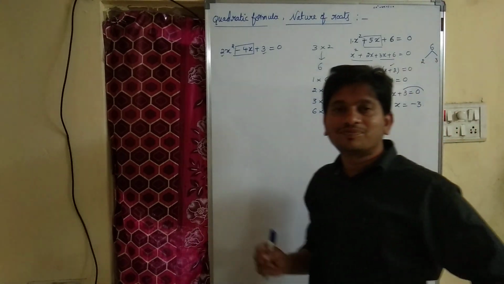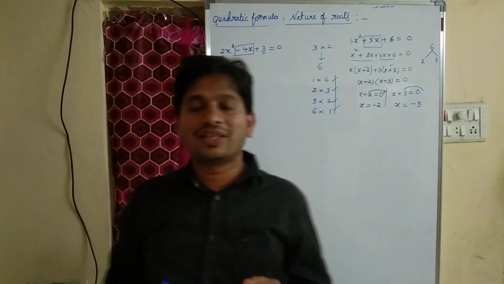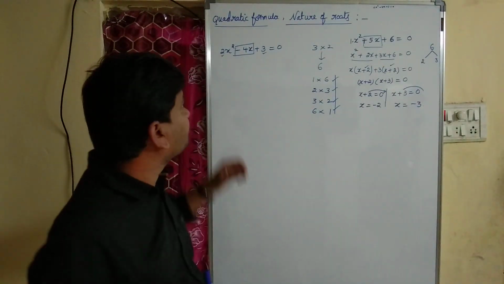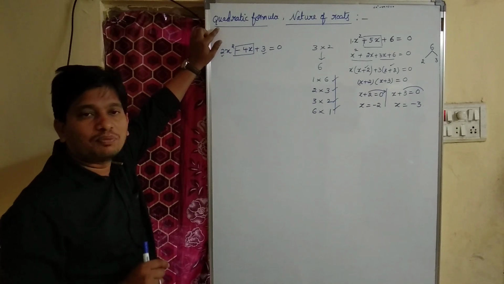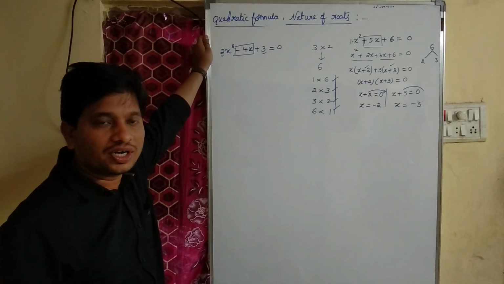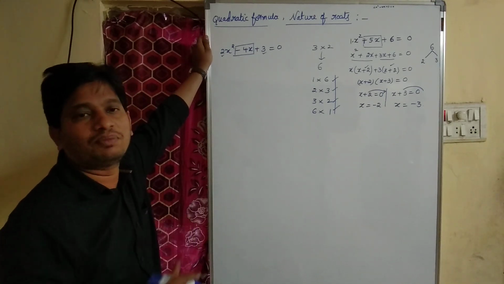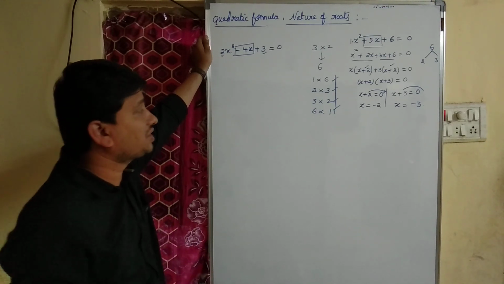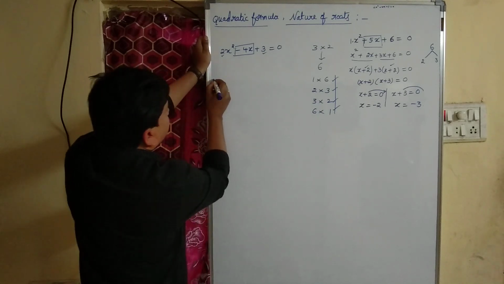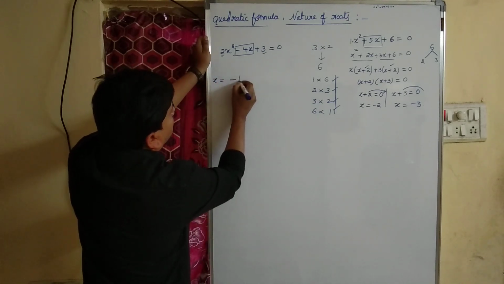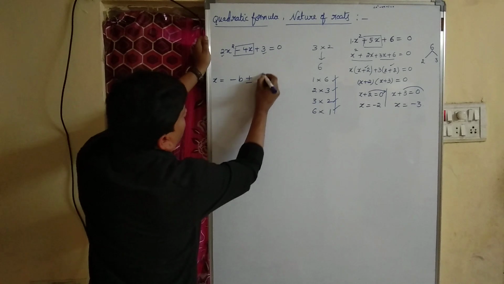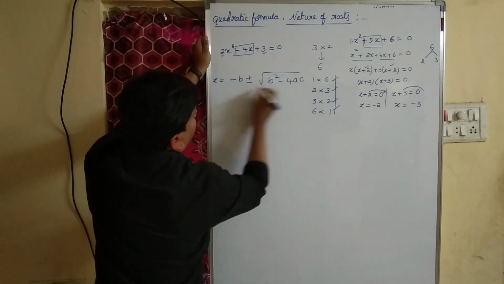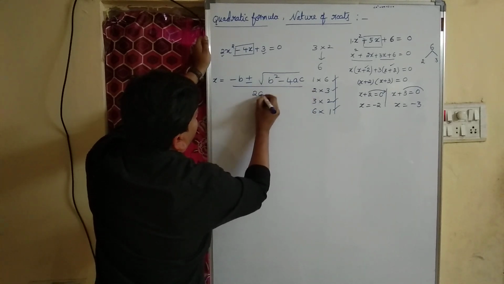That is the reason we need one more method to find the roots of the quadratic equation, that is called the quadratic formula. What is that? So what is the quadratic formula now? The formula to find the roots of the quadratic equation is x equal to minus b plus or minus root over b square minus 4ac, divided by 2a.